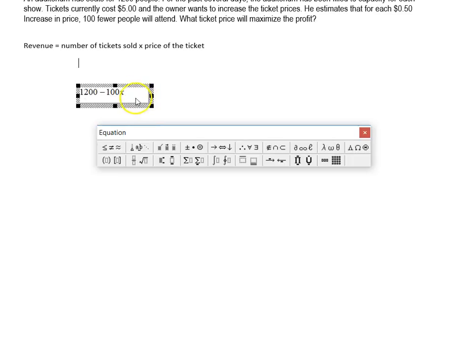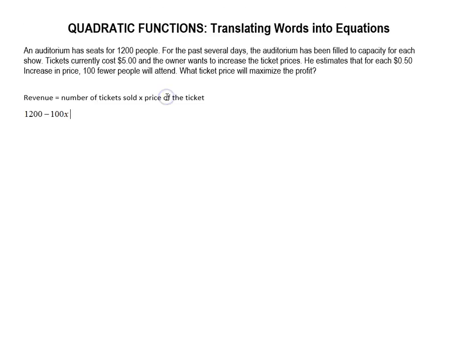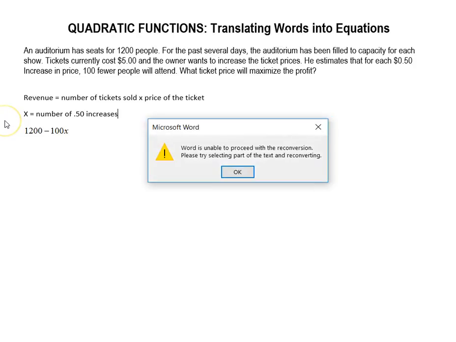I should put one more thing in here. I should say that x is equal to the number of 50-cent increases.